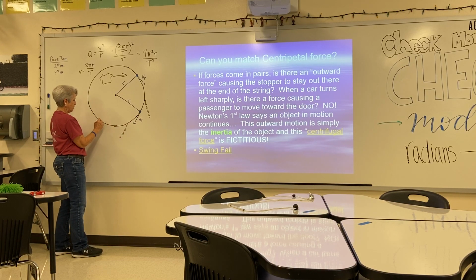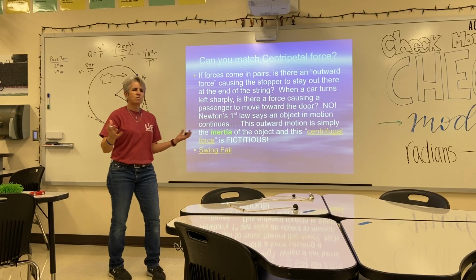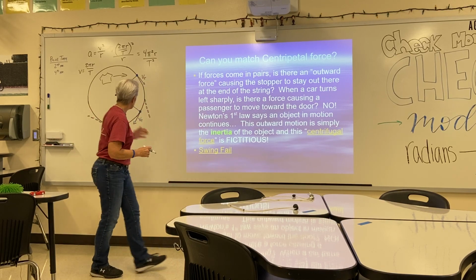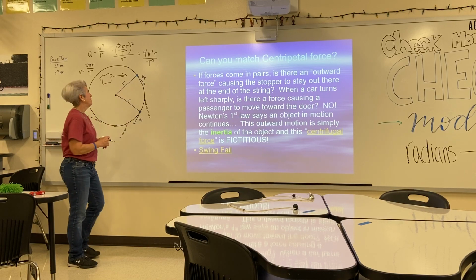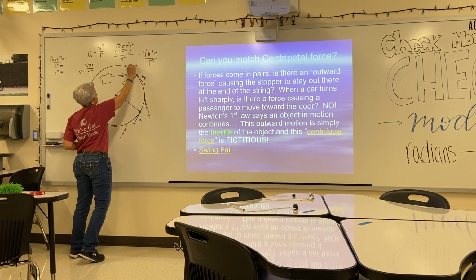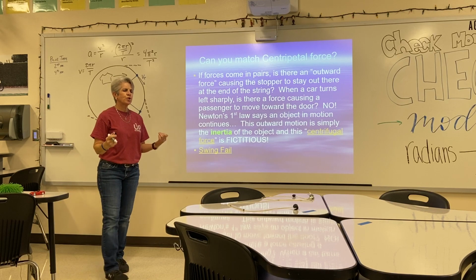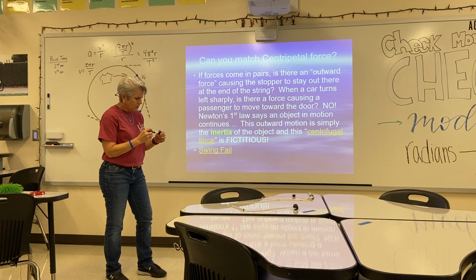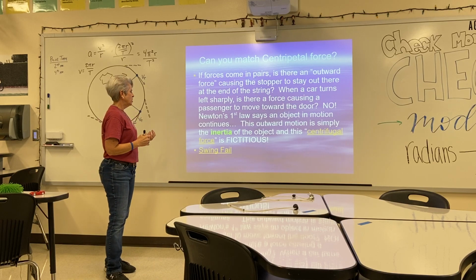Or if it comes out over here, the water is going to be thrown tangentially. Why? Object in motion stays in motion. The water was initially sent in that direction, so it wants to continue in that direction. If it was coming off the top, that water would leave here like this. Object in motion stays in motion. This is just inertia.